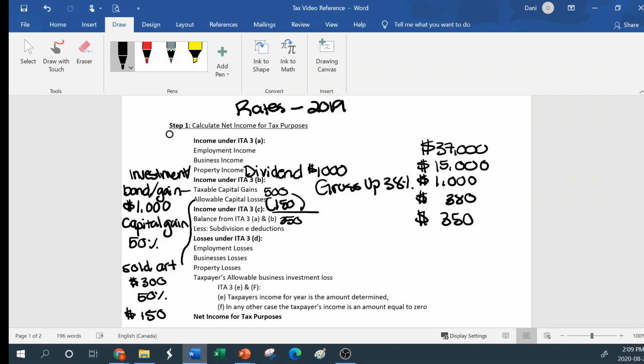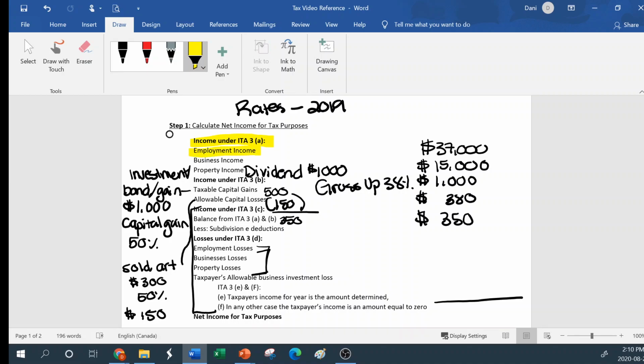Now, these next sections here, so income under ITA 3C and losses under ITA 3D, if we had any losses in the year from employment or business or investments or property, this is kind of where they would belong, under the ITA 3D section. That's a little bit too complicated for what we're doing for this course. So at this point, we're just going to focus on, okay, well, what did we have for income under ITA 3A?